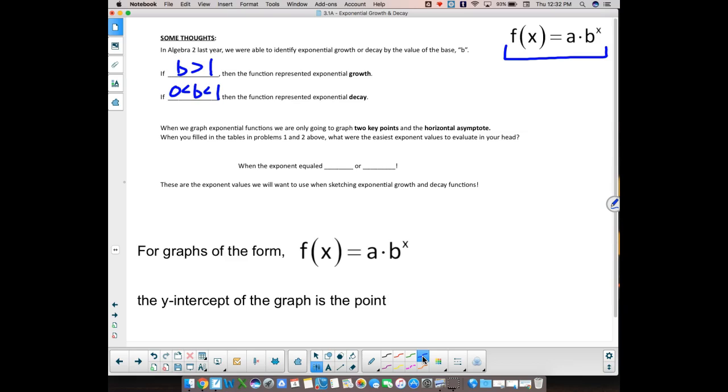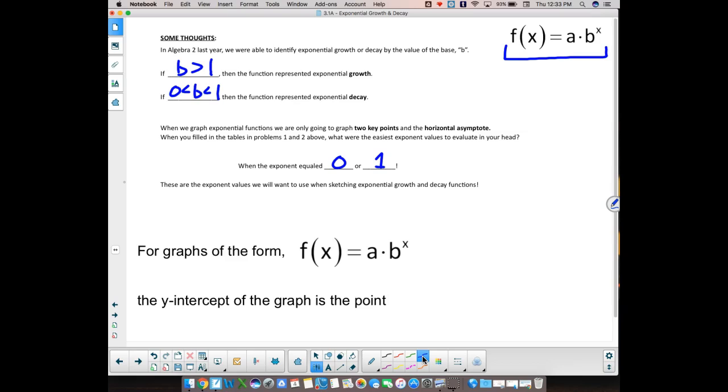When we were making our charts on the top of the page there, what were the two easy exponent values? 1 and 0, or 0 and 1. So when our exponent is equal to 0, and when our exponent is equal to 1, those are the two key components.